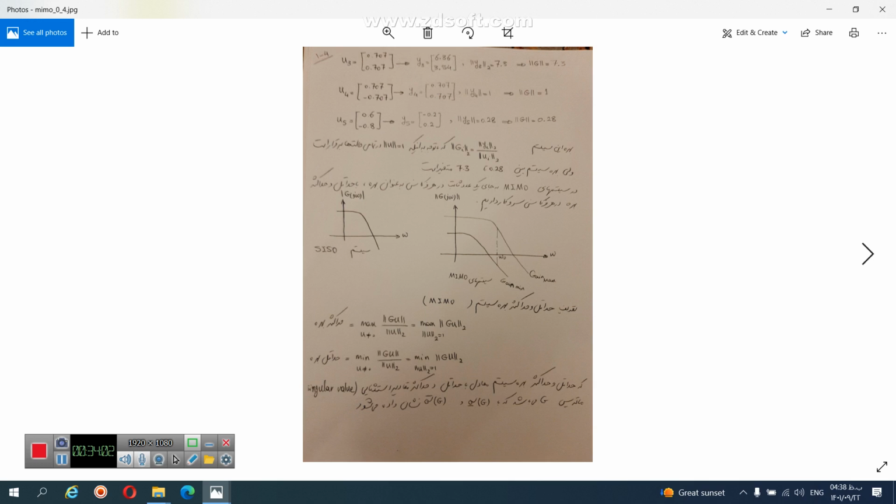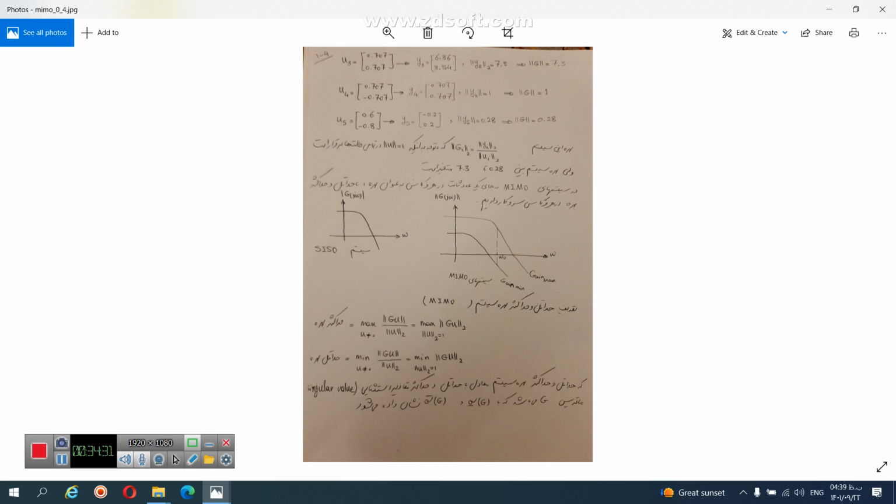The output divided by input only gives you the gain of the system for that input, not for all inputs. But in a SISO system, when you say G equals 4, it holds for u equal to 2, 3, 4, 6, 7, 8, for all inputs. But for a MIMO system, it's not okay.